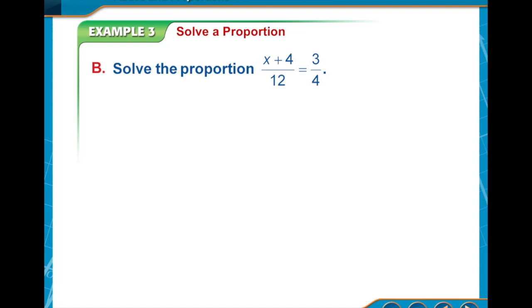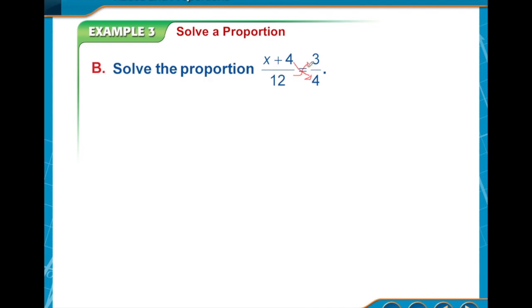So we left off with 3a last time, so here is 3b. We need to solve this proportion. The name of the game with these equations is to cross multiply, find the cross products, and simplify.